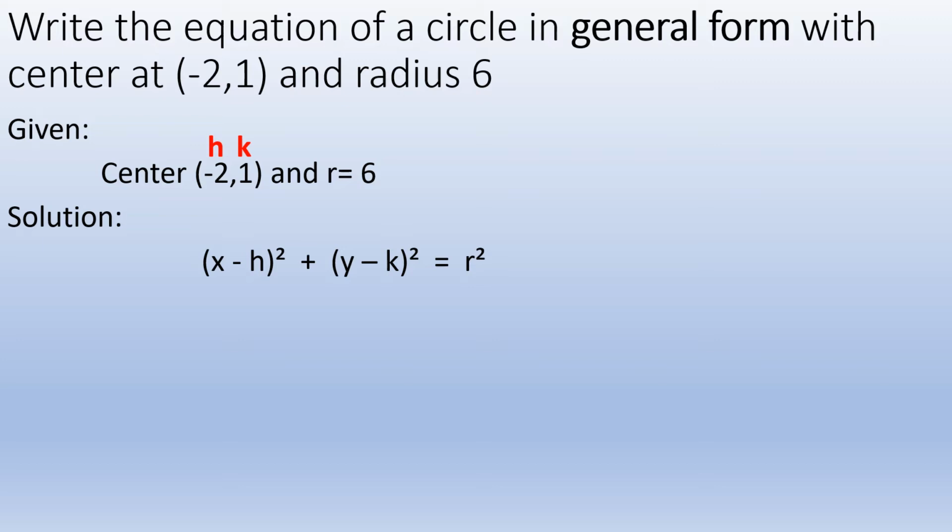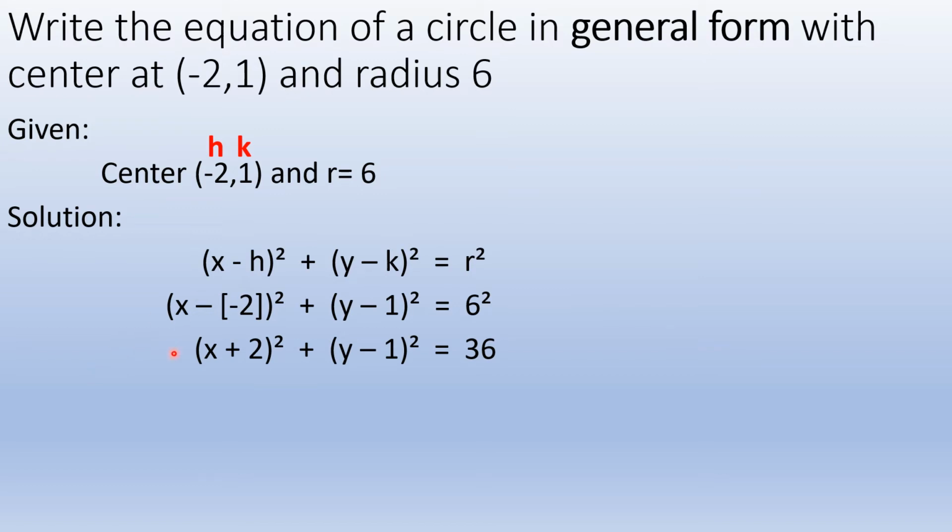Substitute natin ang h, which is negative 2. So, pag sinubstitute, (x minus negative 2) squared plus, then substitute k which is 1, (y minus 1) squared equals 6 squared. Let us simplify. (x plus 2) squared plus (y minus 1) squared equals 36.